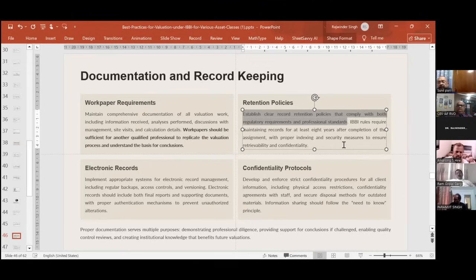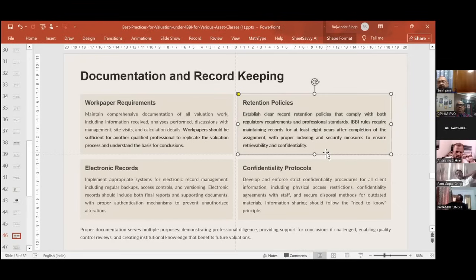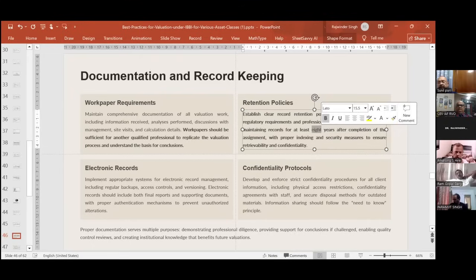As you know, as an IBBI valuer, you must have learned that IBBI rules require maintaining the required records for at least 3 years after the completion of the assignment, with proper indexing and security measures to ensure retrievability and confidentiality.